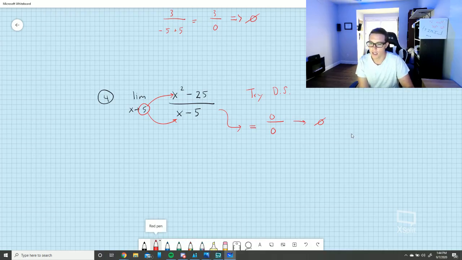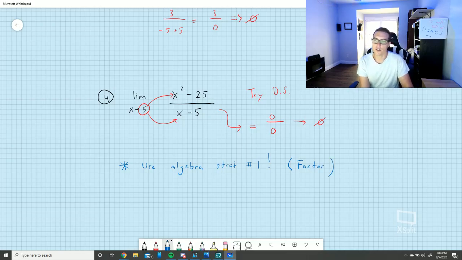And in this case, we're going to use some of our algebraic strategies. So we're going to use algebra strategy 1, called factor and cancel, or I'll just say factor. Just like when we're doing rational functions, you should try to factor and cancel things because, hey, maybe it's a hole. And I already told you limits exist at holes.